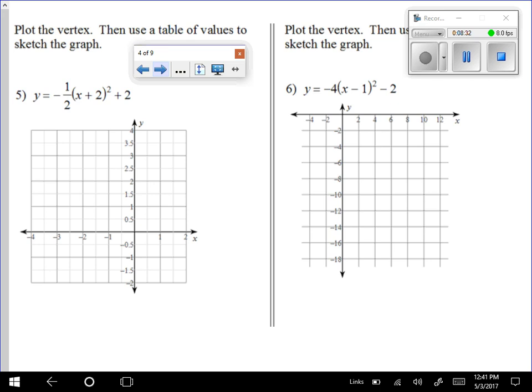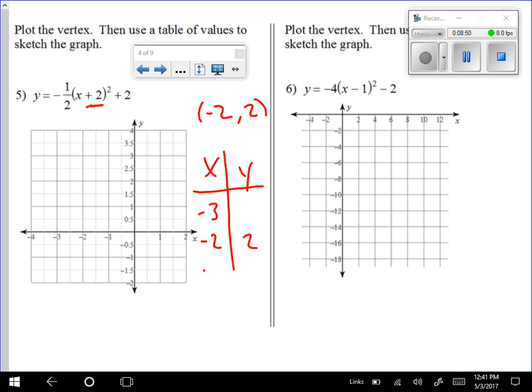Alright, we're still in vertex form. So this time I will have that negative 2 as my vertex, and then positive 2 as well. So xy, got negative 2, 2. And I'll go negative 3 and negative 1. So our favorite, some fractions in this.